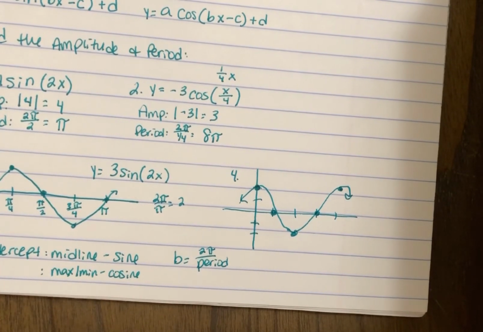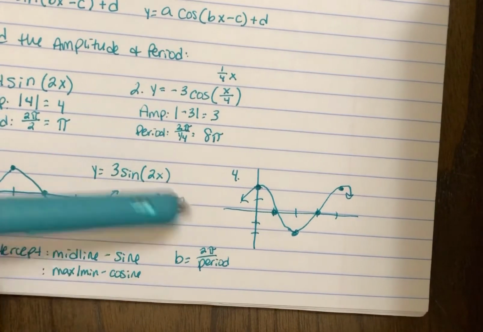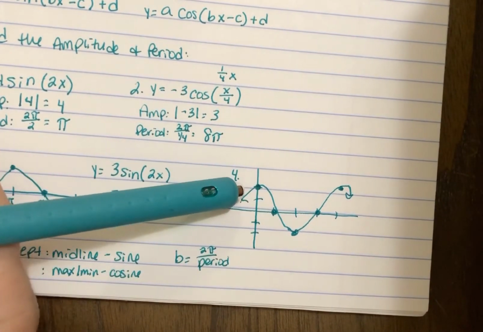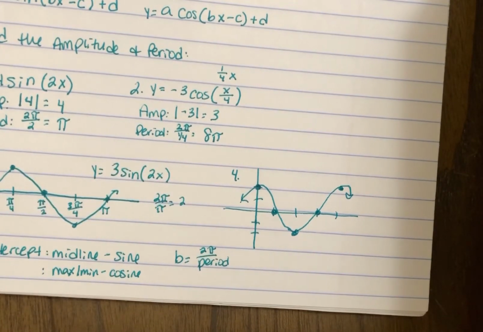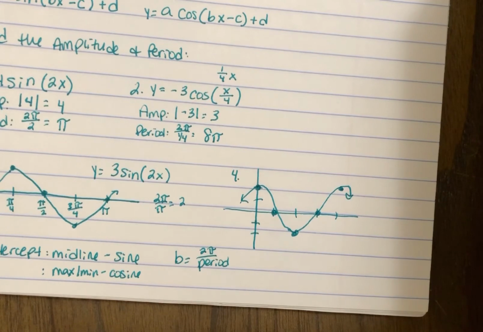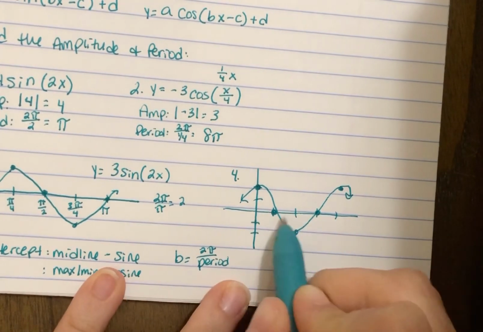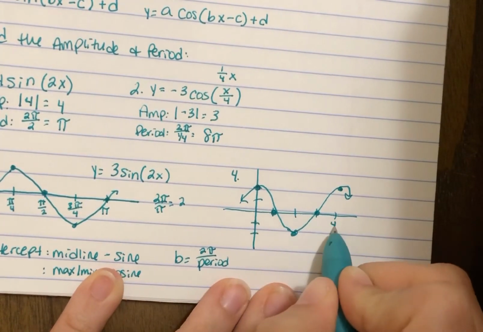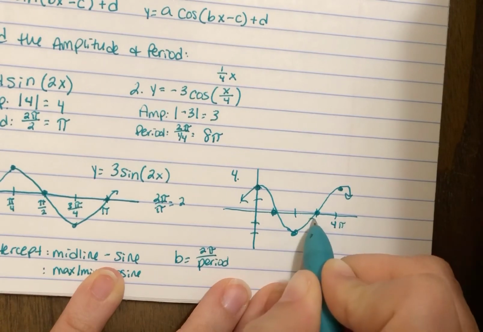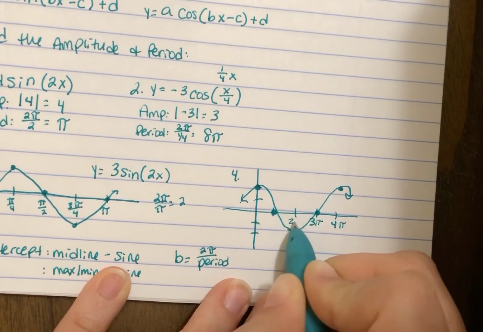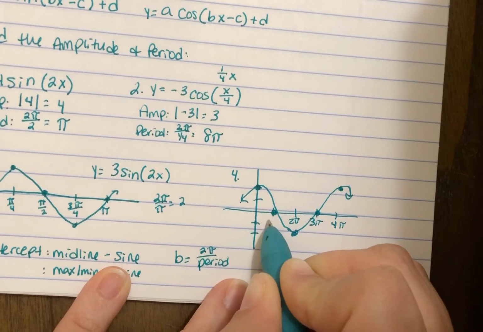It's still going to be a little swervy, but again, the difference is your y-intercept. If we look at this one, our y-intercept is at a max. So that's going to tell me that it is a cosine. Let's go 4 pi, 3 pi, 2 pi, 1 pi.